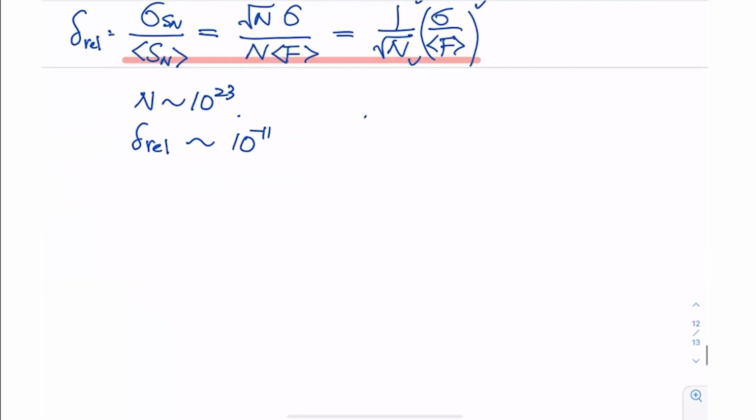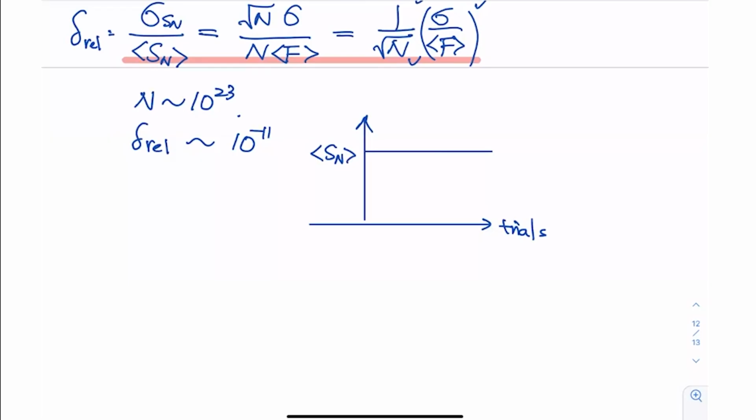So what it means is that you might have different trials when you are trying to evaluate your statistical property, and you'll find there's a mean value, this Sn. And the fluctuation, because of the random behavior, actually will give you something like that.